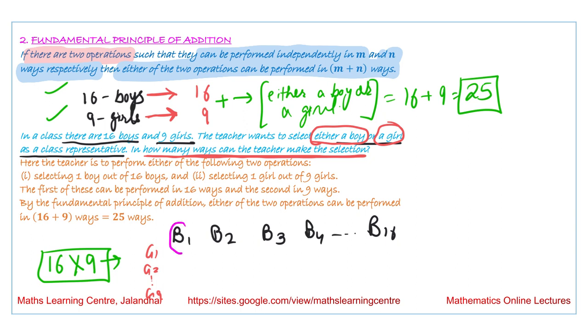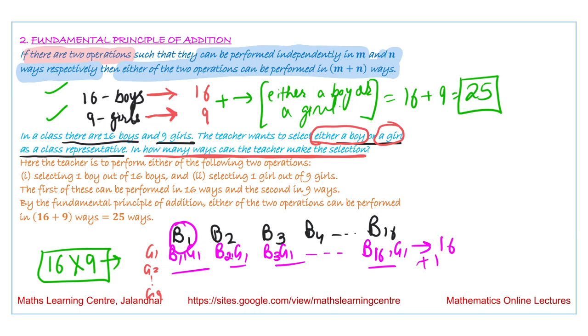We would have chosen boy 1, girl 1; boy 2, girl 1; boy 3, girl 1; and so on up to boy 16 and girl 1. Similarly for girl 2, the total number of ways is 16, then again 16, and we add it 9 times. So the number of ways is 16 into 9.